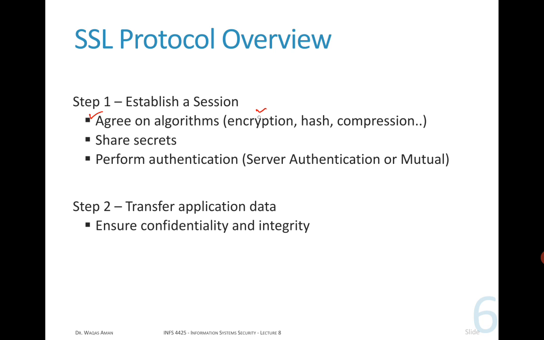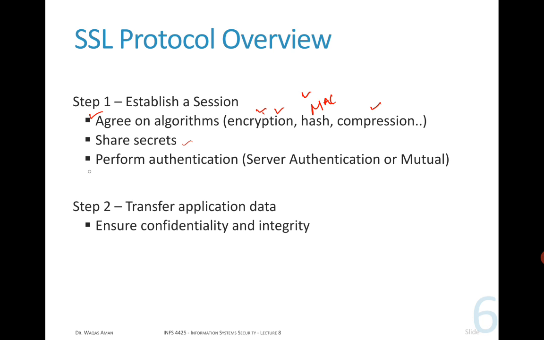Keys, right? Because encryption requires keys, and the hash also requires a key, because this is a keyed hash. So we need to establish the symmetric keys required for achieving these objectives. When they agree on the algorithms, they create and share these secrets. Secrets means the symmetric keys.